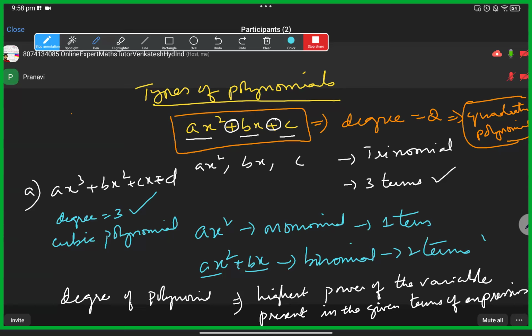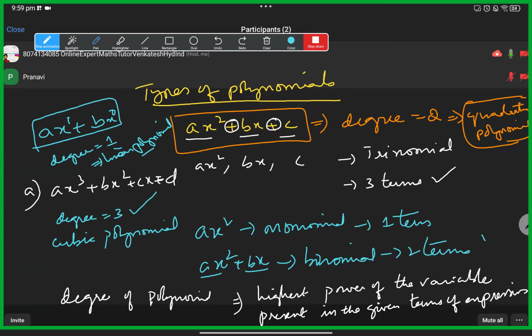Now next is linear. If the degree is 1, let us write one more expression, ax plus b. If you observe the terms, Pranavi, it's a binomial, but the variable is x, so it has power 1. For b, you can write x power 0. So x power 1, x power 0, highest is 1. So if the degree is 1, that polynomial is called a linear polynomial.